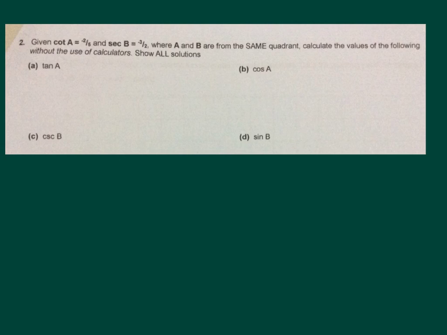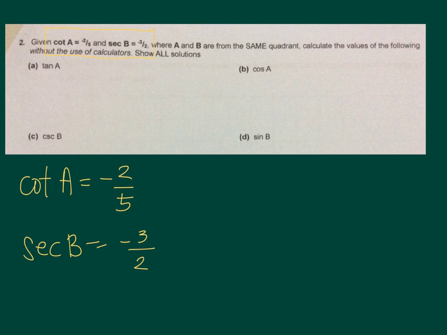Okay, so let's digest the information given in the problem. First, what we know is that cotangent A is negative 2 over 5. So let's write that down. Cotangent A is negative 2 over 5 and secant B is equal to negative 3 over 2.